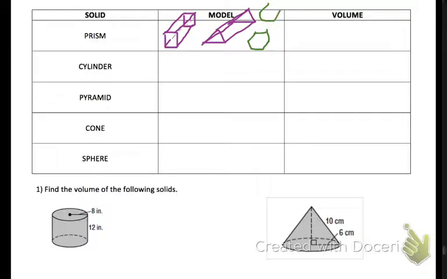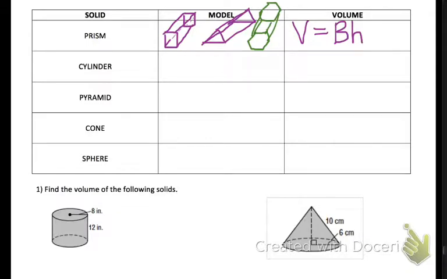Do another hexagon. Connect all those. We're not going to be looking at hexagonal prisms, but the volume formula is the same. The volume formula is the area of the base, capital B. Really important you realize capital B, not lowercase, capital B, is the area of the base, and then times the height.